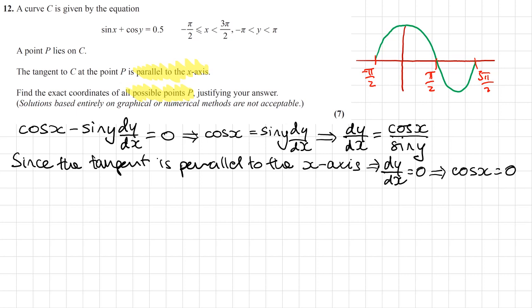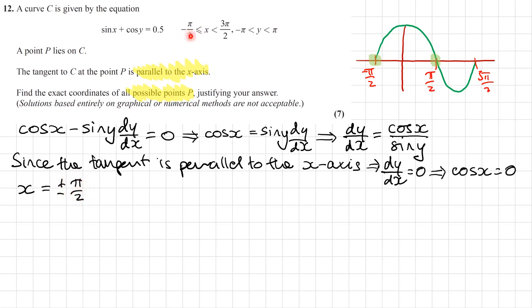When is cos x equal to 0? Well, it's equal to 0 at these 2 points. So that gives me x is equal to either plus or minus pi over 2. So this gives me my x coordinates.